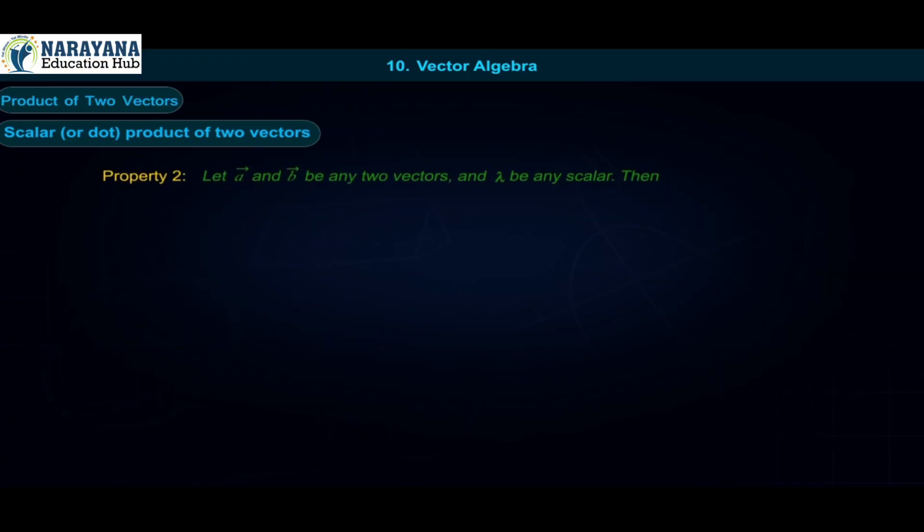Let vector A and vector B be any two vectors and λ be any scalar. Then (λ vector A) · vector B = λ (vector A · vector B) = vector A · (λ vector B).